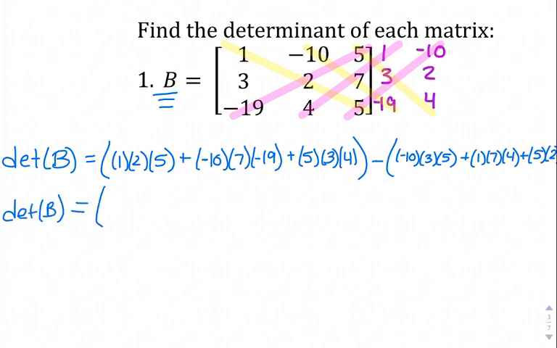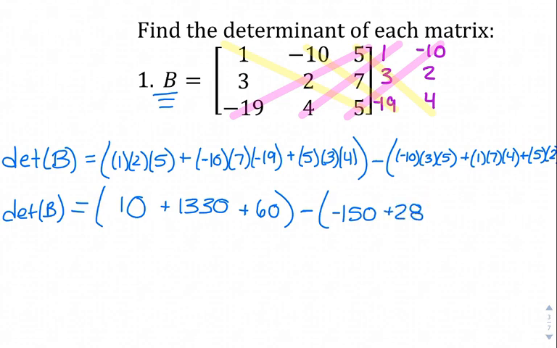So 1 times 5 times 2 is 10. Negative 10 times 7 times negative 19 is positive 1330. 5 times 3 times 4 is positive 60. Minus negative 10 times 3 times 5 is negative 150. 1 times 7 times 4 is positive 28. And then 5 times 2 times negative 19 is negative 190.